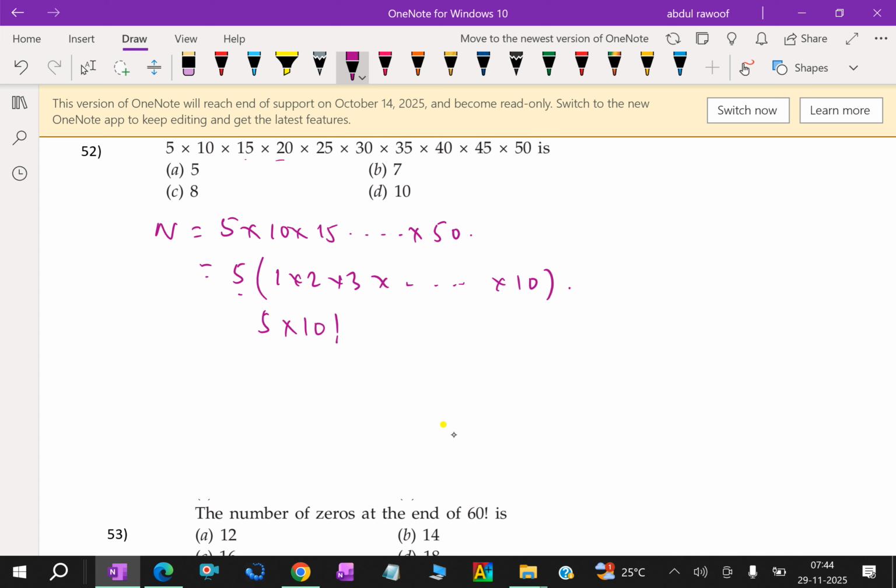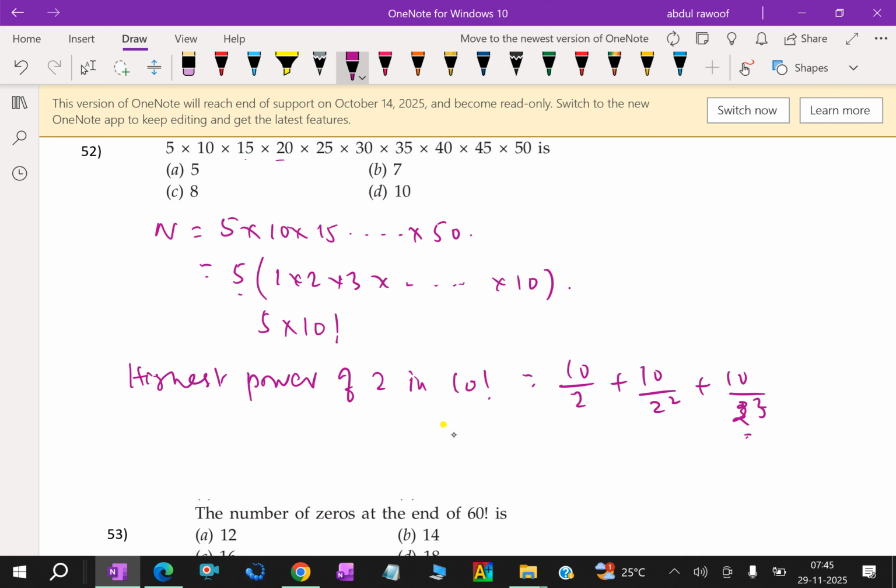Here, the highest power of 2 in 10 factorial is 10 by 2, 10 by 2 square, 10 by 2 cube, sorry, 2 cube.